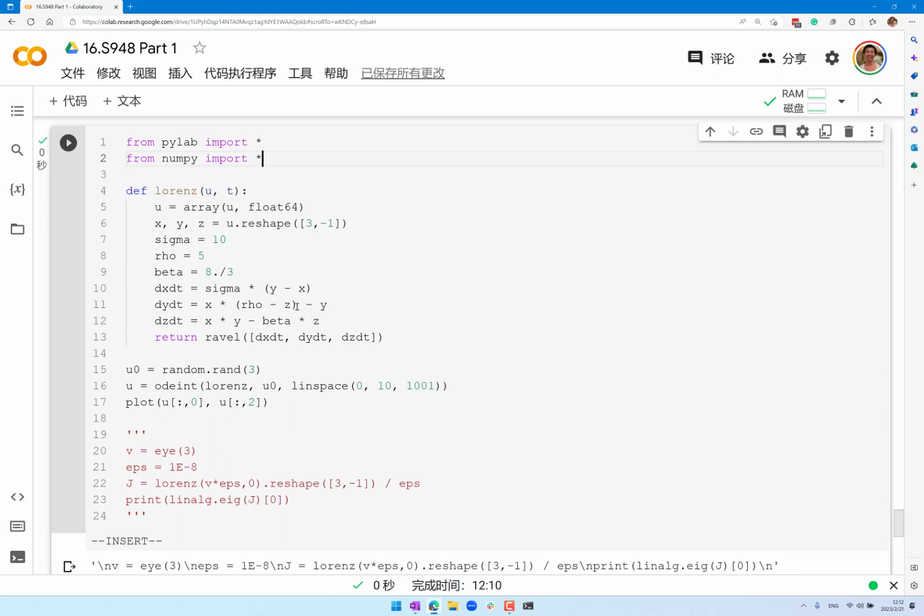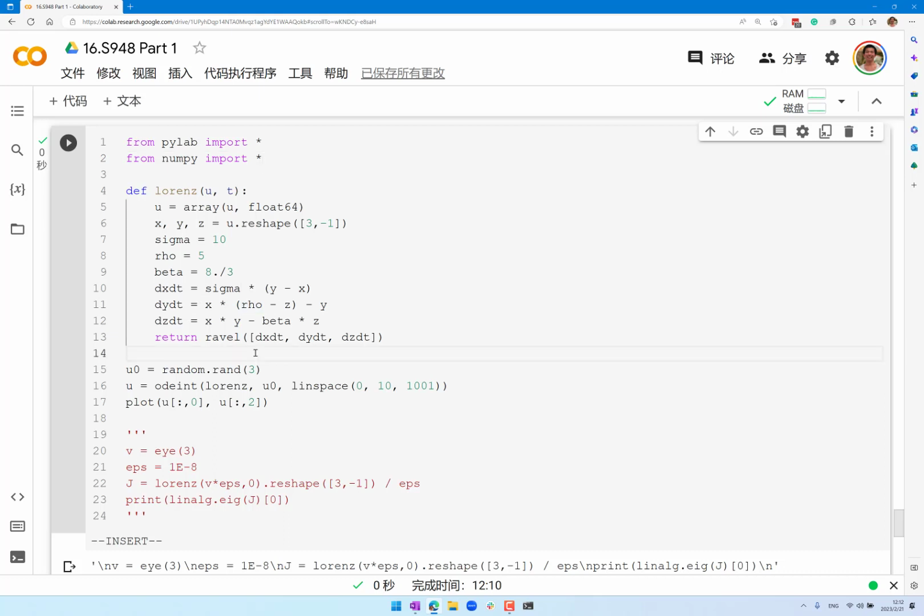So what that means is that rho minus z minus 1 has to be equal to 0. That means z has to be equal to rho minus 1, right? And rho is equal to 5 here, so z has to be equal to 4, right?